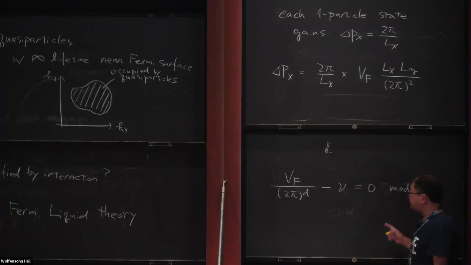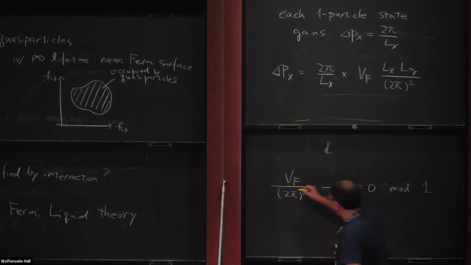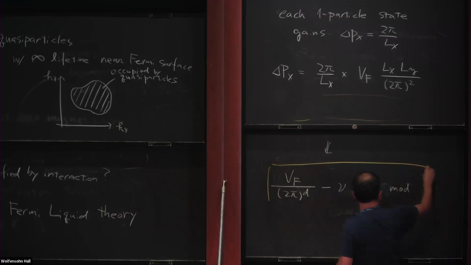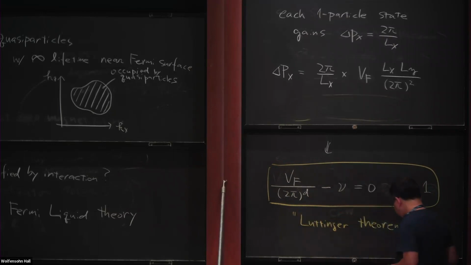And this is actually one of the very classic, I mean, by classic, not non-quantum, but very old and well-known results, which is called the Luttinger theorem. Of course, this was shown by Luttinger many, many years ago.